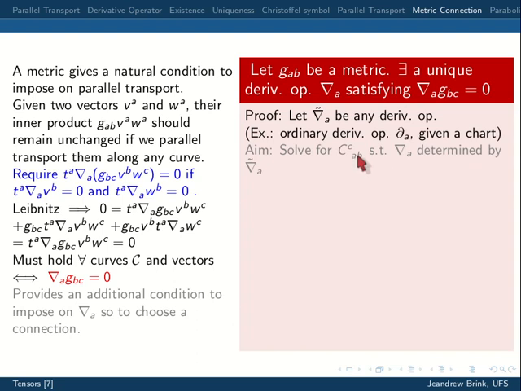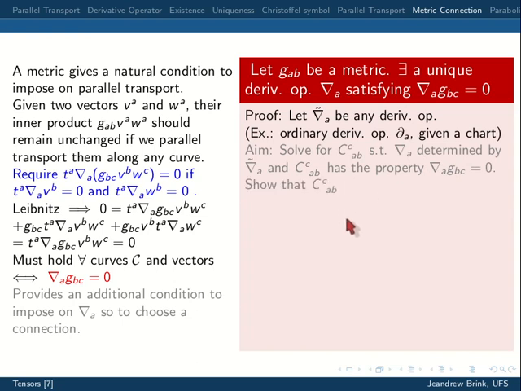So the moment we have the C's, we can have this new derivative operator determined in terms of the ordinary derivative operator. And it also has the property that the gradient nabla_a applied to g_bc is equal to 0.